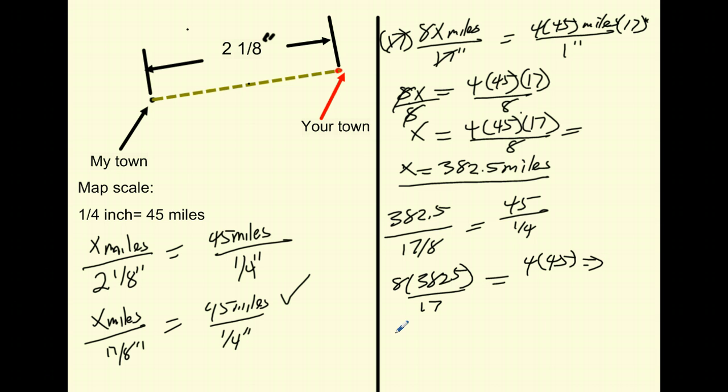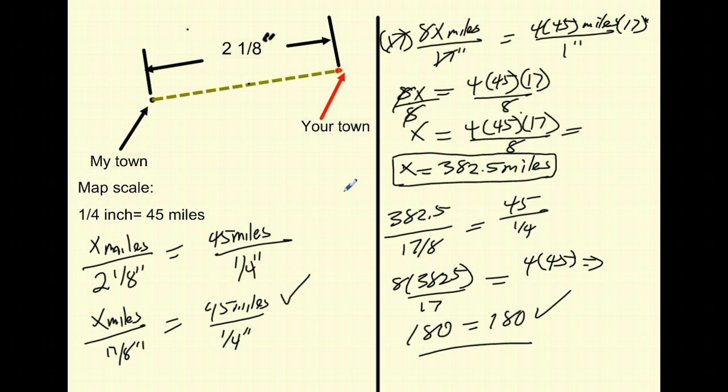And you break out your trusty calculator, and 8 times 382.5 divided by 17 is equal to 180. And 4 times 45 is equal to 180. So that checks. So this is what the 2 1/8 inches represent on your map.